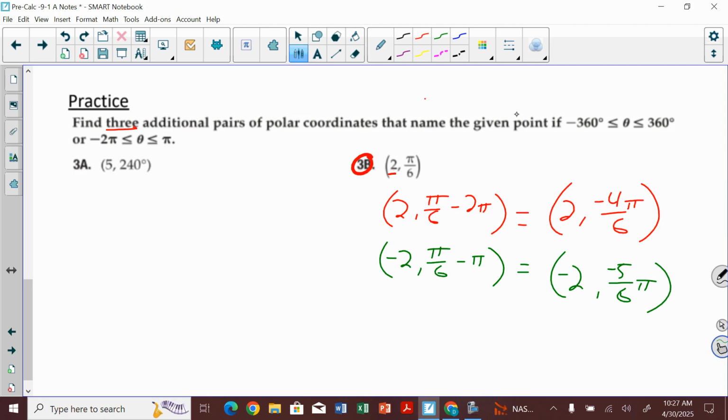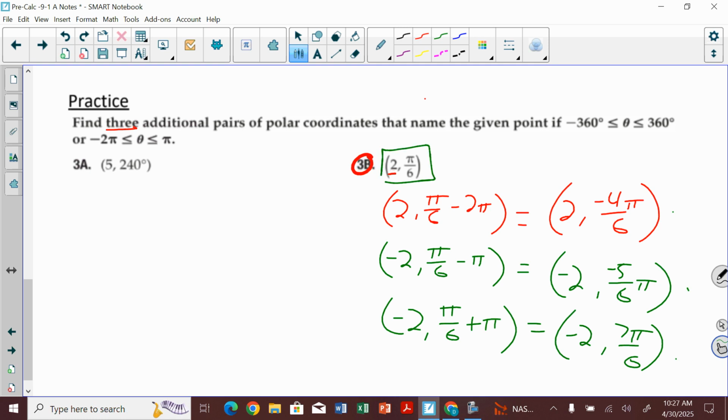And the same thing, if I use negative 2 again, but this time I go pi over 6 plus pi, I get a point of negative 2 comma 7 pi over 6. Those are all 3 equivalent to this initial point. They're the same basic coordinates, because you're just going around the circle that many times.